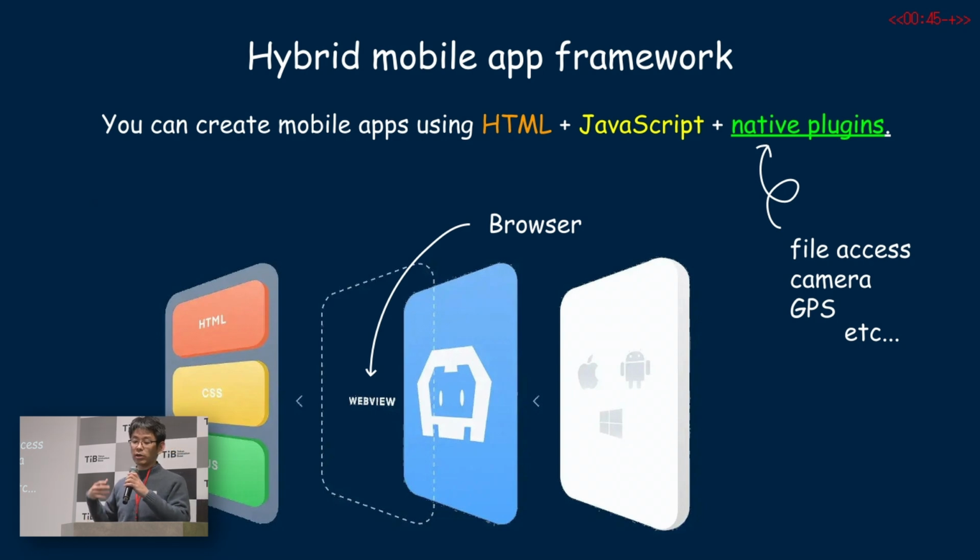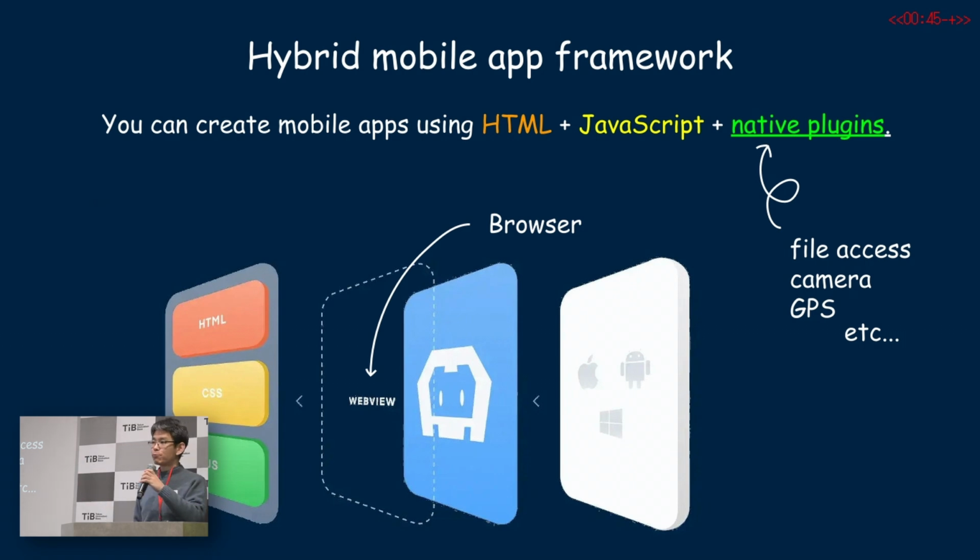Everybody created mobile applications using HTML, JavaScript, and CSS3, and you could also access native features like GPS, camera, and file access. So I created my plugin for Google Maps API because the JavaScript Google Maps API did not work smoothly 10 years ago. Recently it's very nice, but 10 years ago it was not.